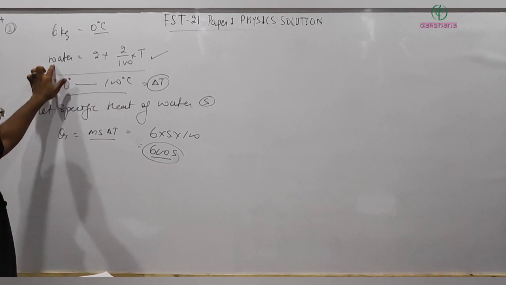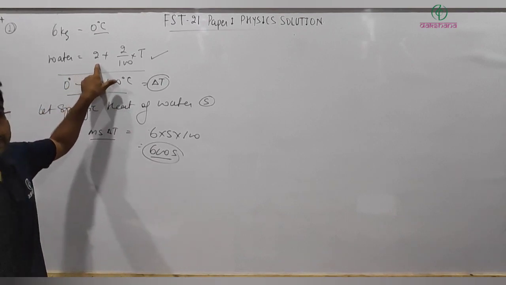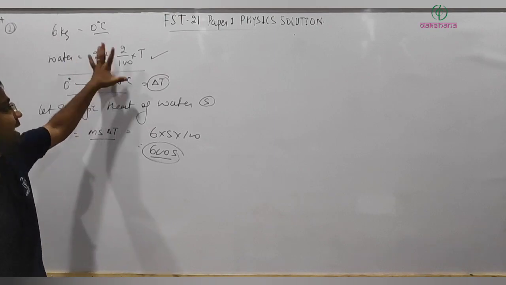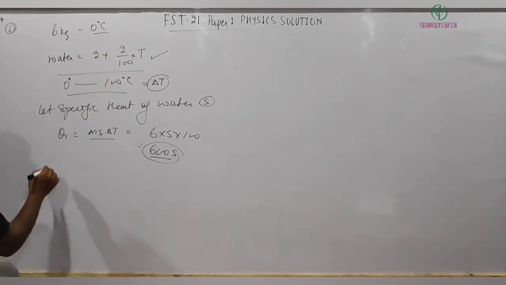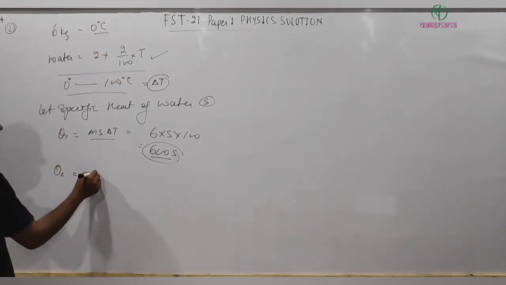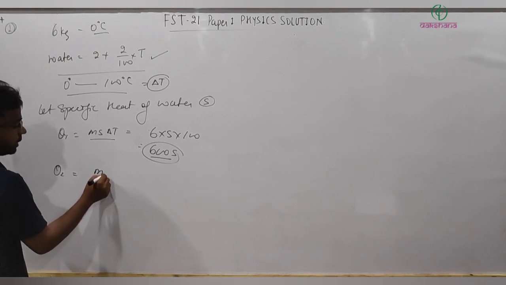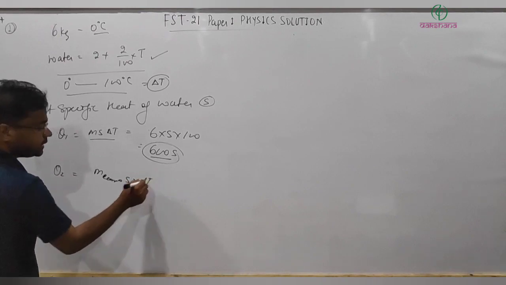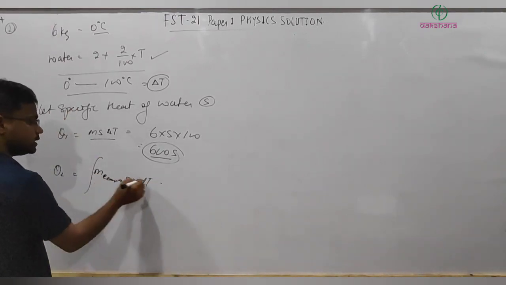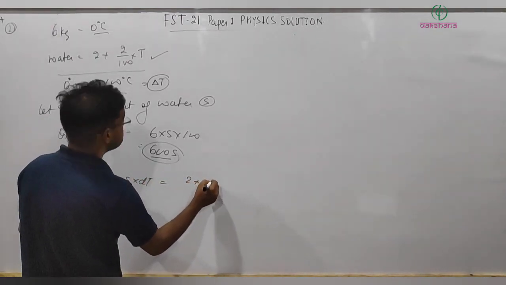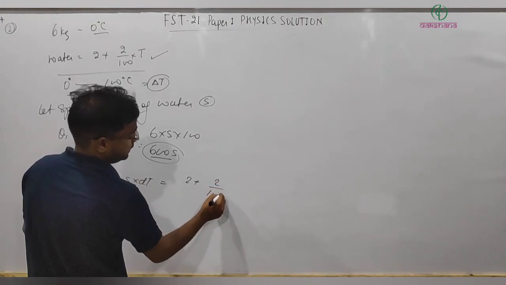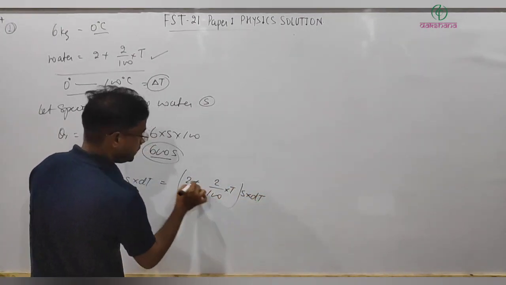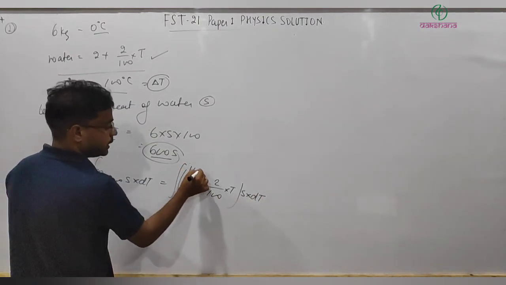And another point is the container, its water equivalent is changing. So we can't get the heat absorbed directly. We need to integrate it here. So heat absorbed Q2 I can write as m, the water equivalent for the container, into specific heat into dT. So this integration is (2 plus 2 by 100 multiplied by T) into S multiplied by dT, integrating from 0 to 100.